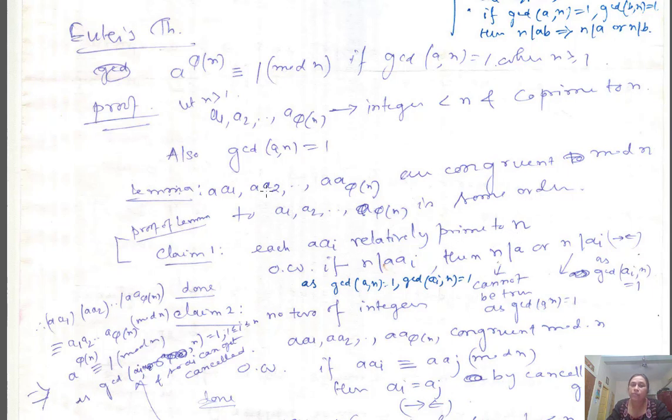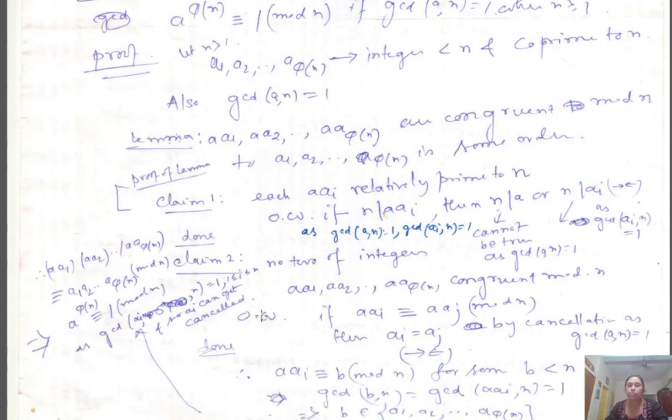And the second lemma, that if you take any two of them, ar and as, they are not congruent modulo n. The same way you can prove.